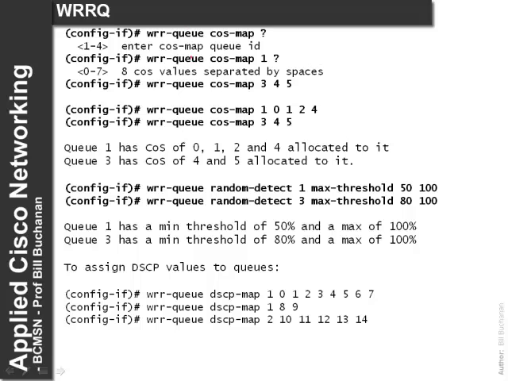So this shows us setting the queue. So we can set for various DSCP mapping values. We can also define the limits at which the queue starts to drop the data packets.